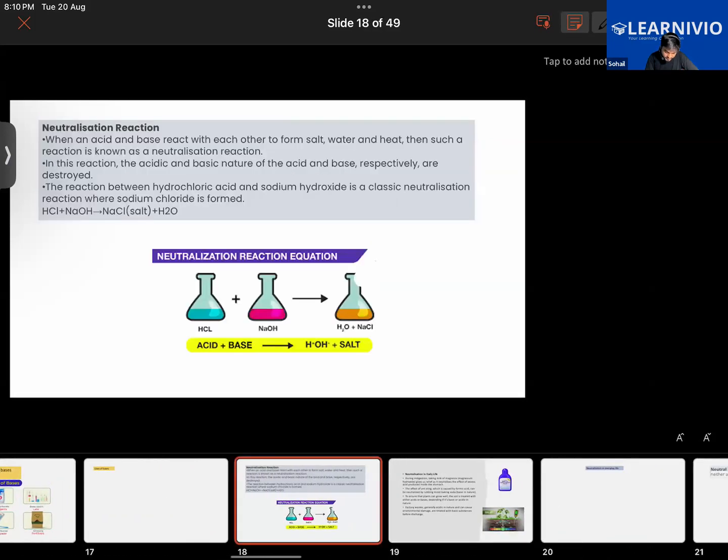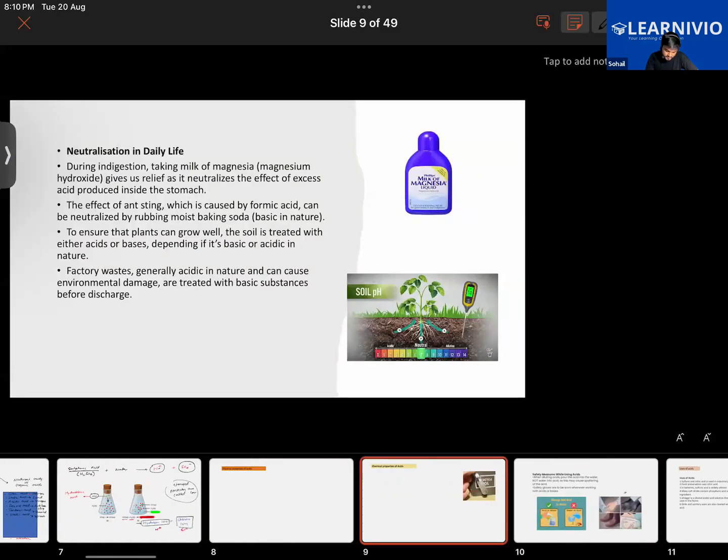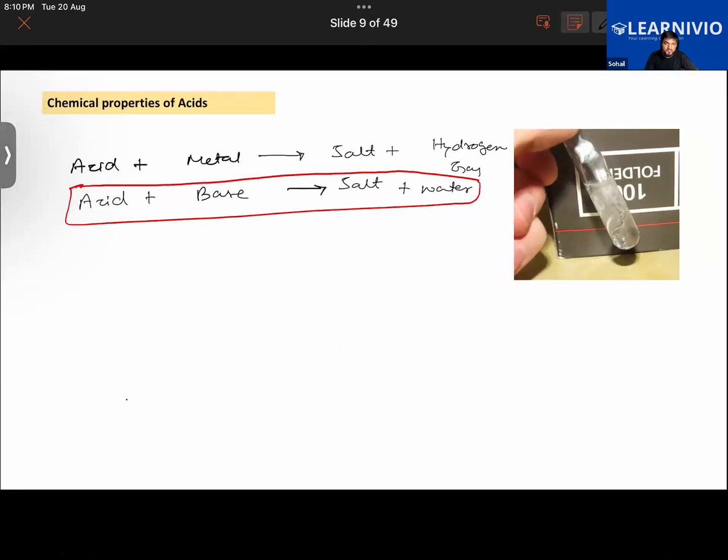Like look over here, when an acid and base react, a salt and water will be formed. Hope you guys are getting it so far. Yes. Okay, that is one thing.